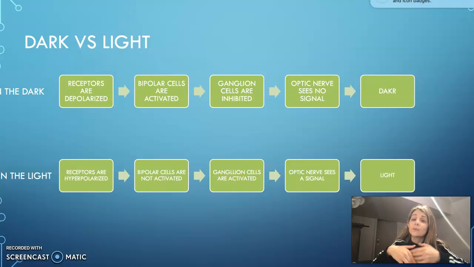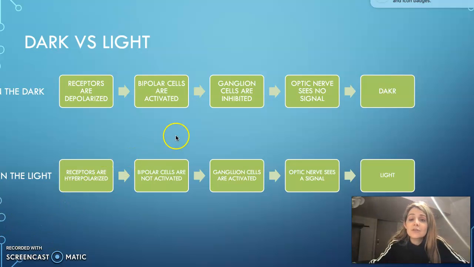When they're deactivated, they cannot activate the next cell in line, which is the bipolar cells. The bipolar cells are now inactive. They cannot work, so this inhibitory action is inhibited. We negated a negative, which means that now they're not working. The ganglionic cells are now active, and they can send a signal to the optic nerve, which sends it to the brain, and we see light.